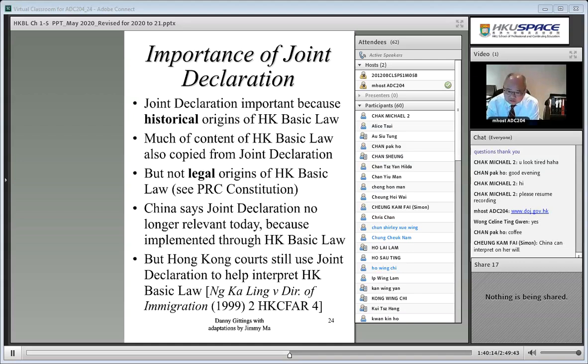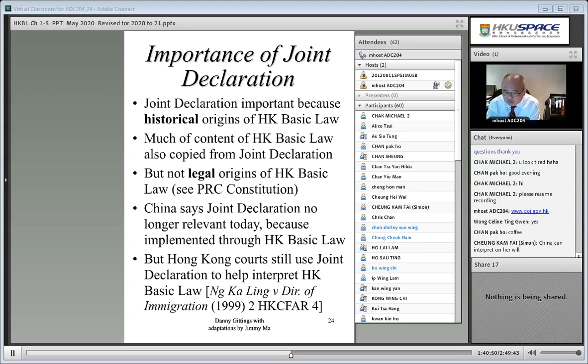But with the central authority's stance that the Joint Declaration doesn't have a place at all, if we look at it from a common law legal system point of view, I think our conclusion will be different, and there's no really hard and fast rule. There's no real prohibition though at the same time. So we can look at the Joint Declaration from various perspectives.